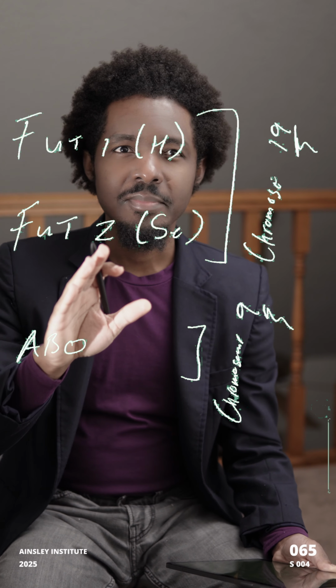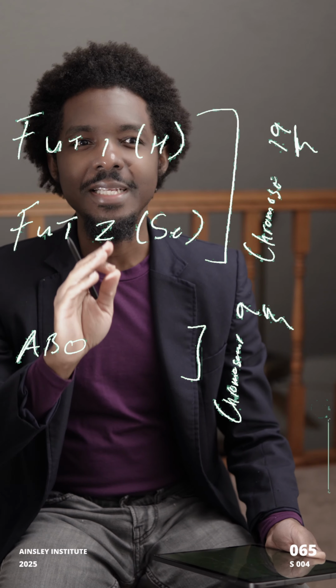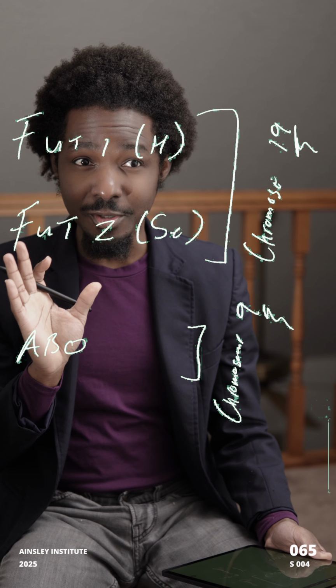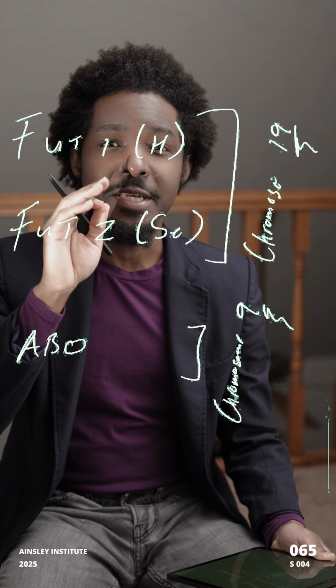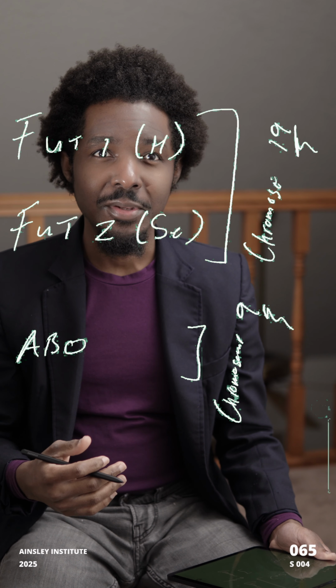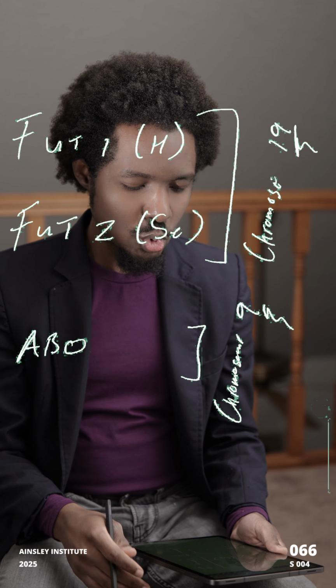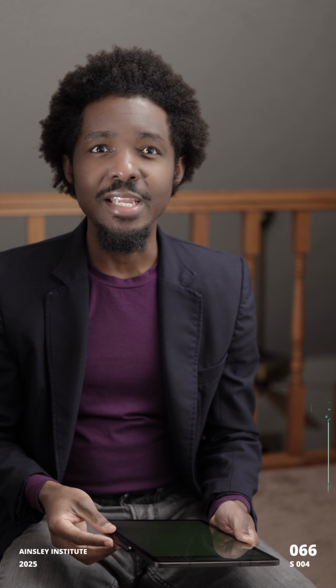So the H and SE genes are not a part of the ABO system. Alright, so we need to get that clear. Yet there is an inheritance influence on the A and B expression. So though they are not directly associated, they do indirectly influence the formation of the ABO antigens on the red blood cell.